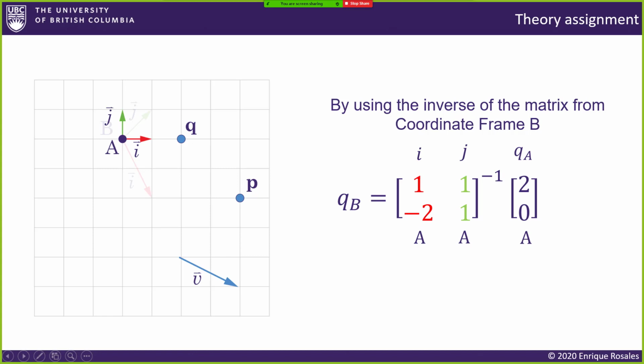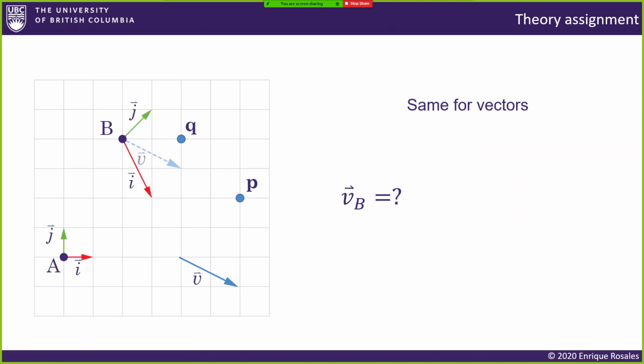Okay? Okay, good. So the same thing happens with vectors. This is something similar to what I am asking you on your theory assignment. You have a vector, in this case vector v, for example, and the vector is drawn in a different position on the grid, right? And I can ask you, for example, what are the coordinates of the vector v with respect to b, right?